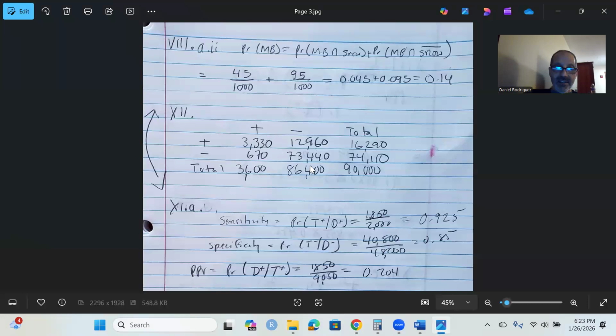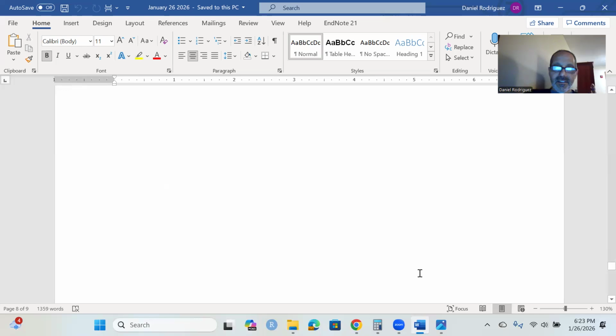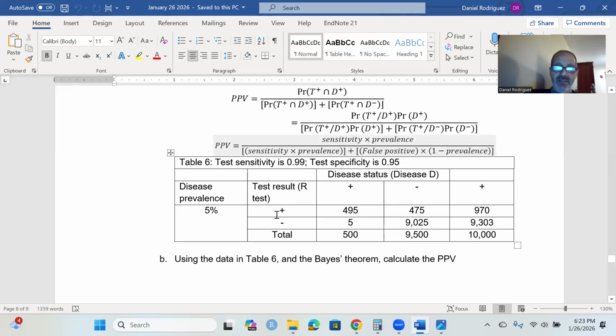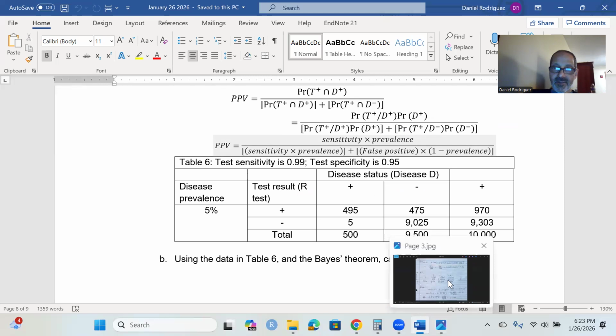Hopefully I did it here. Okay. So PPV, let me make sure this is the right equation. So PPV here is the probability of being disease positive given one tests positive. Again, let me make sure this is the right one.